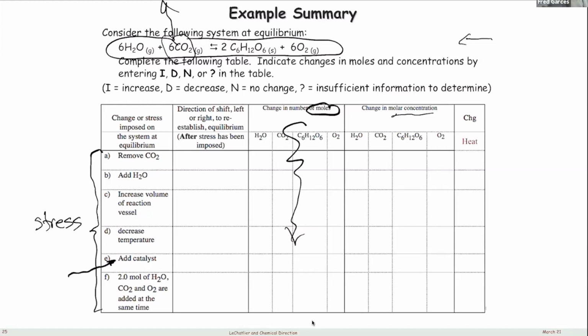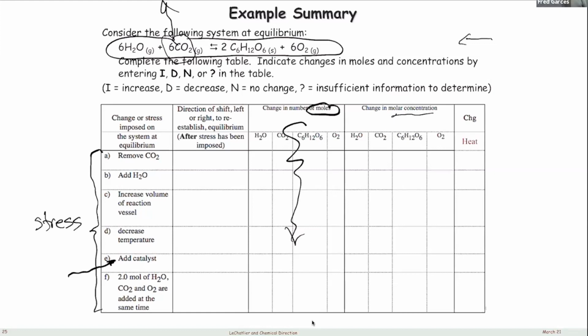And because eventually the reaction is just the same as if there was no catalyst, the moles are not going to change at all either, because you're just reaching equilibrium faster. Okay, it's not shifting one way or the other. In other words, the Q value is not affected.